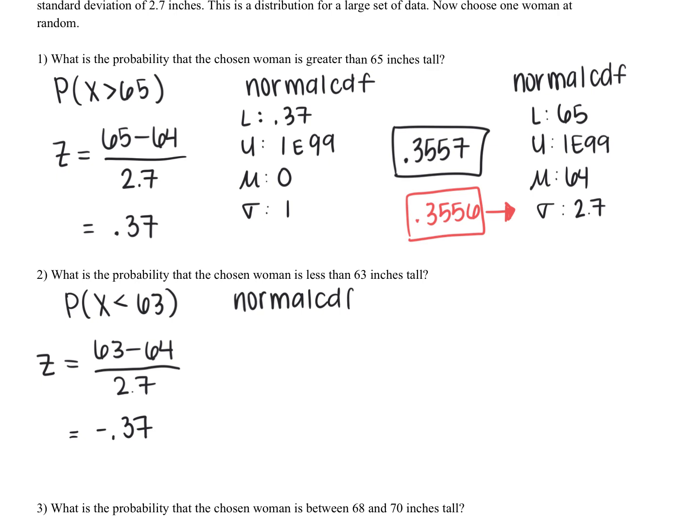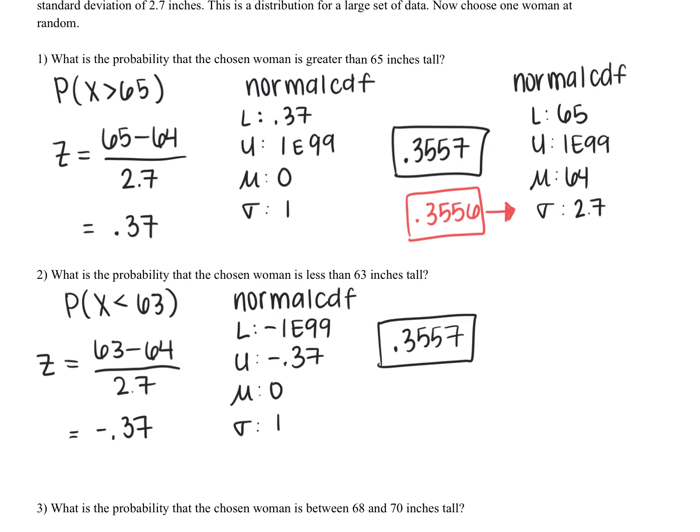So normal CDF, this time my lower bound is -1E99 because I want to be less than. My upper bound is the negative 0.37. My mean is 0. My standard deviation is 1. And I'm going to get the exact same probability, 0.3557.